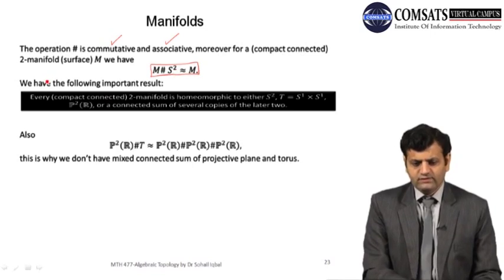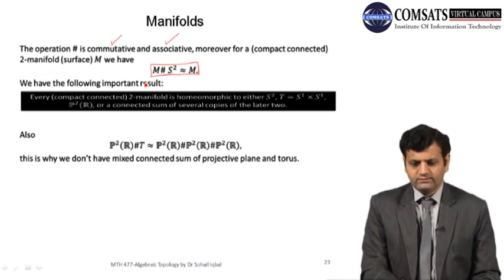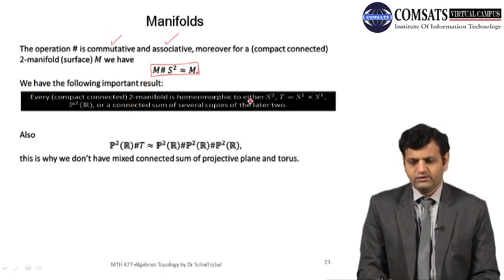Okay, so we have the following important result: every compact connected two-manifold is homeomorphic to either the two-sphere, torus, real projective plane, or a connected sum of several copies of the latter two.